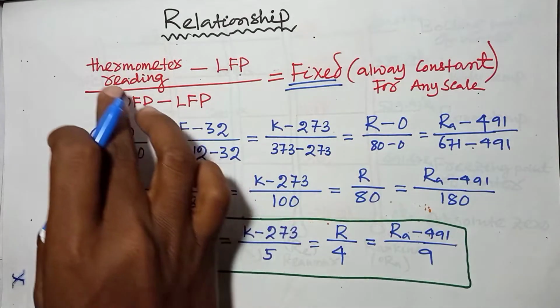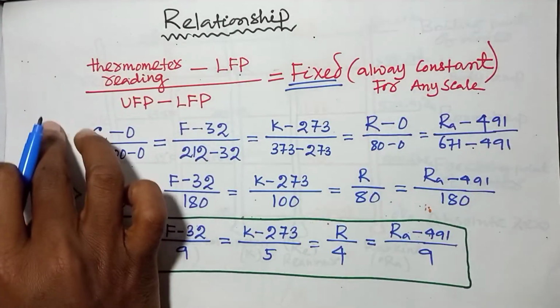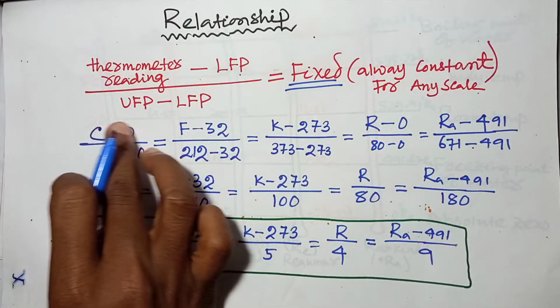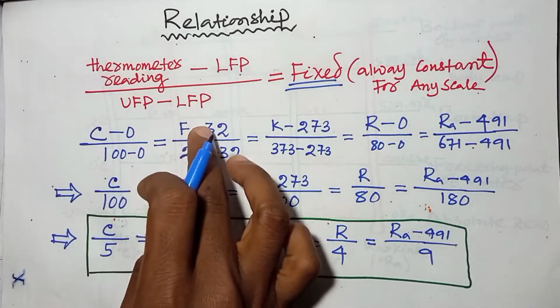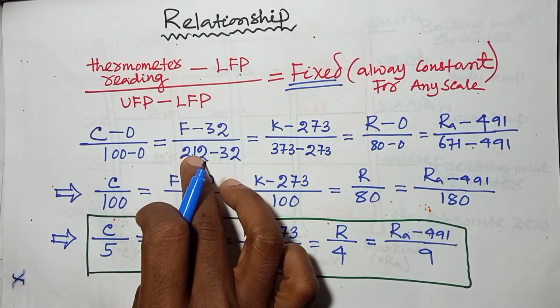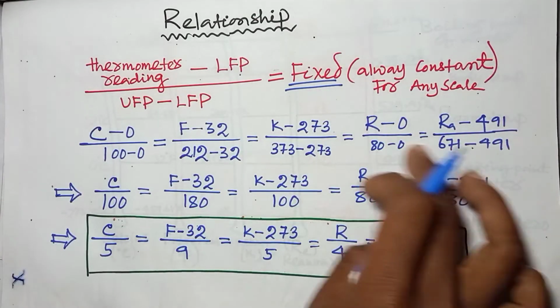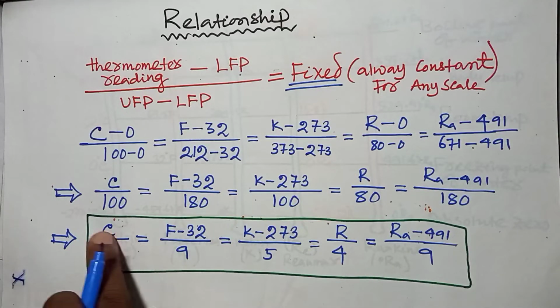Keeping this in mind, if we apply this to different temperature scales, we get C minus 0 upon 100 minus 0 equals F minus 32 by 212 minus 32. After solving we get the final result.